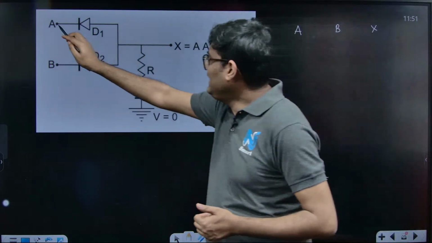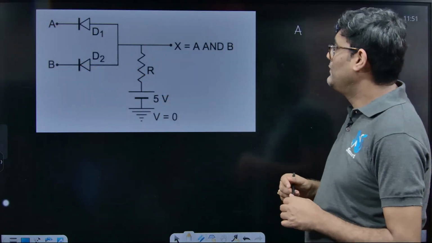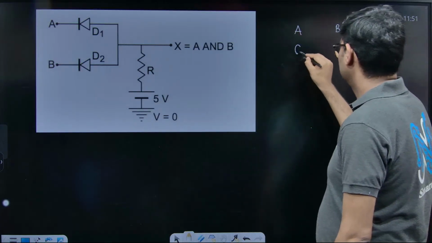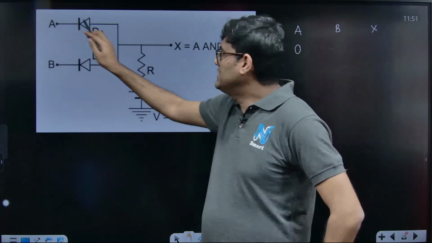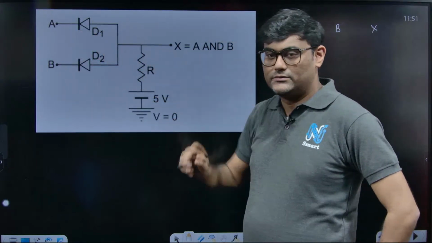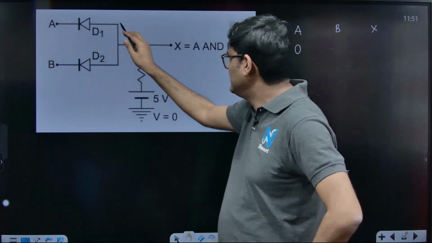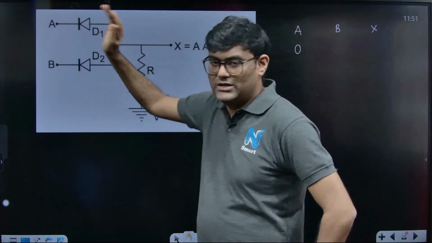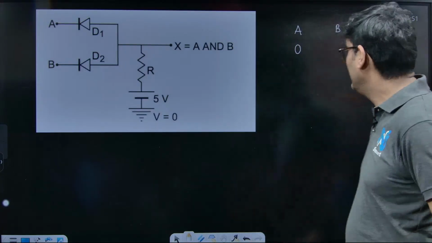If A is at low potential, then this diode 1 is in forward bias condition. Can you see that? If it is in low potential, it is in forward bias condition. If A is in forward bias condition, it does not offer any resistance. Look, the potential of X is also the potential of A. Yes or no? The potential of X and potential of A becomes the same.